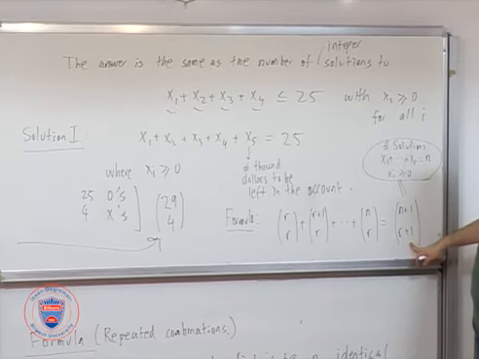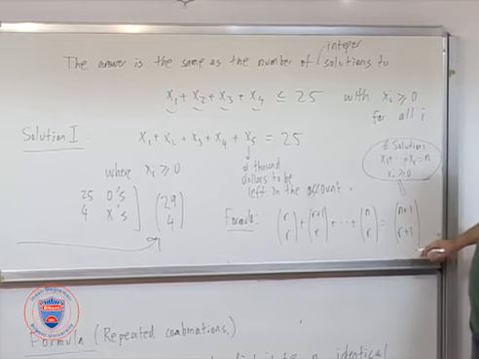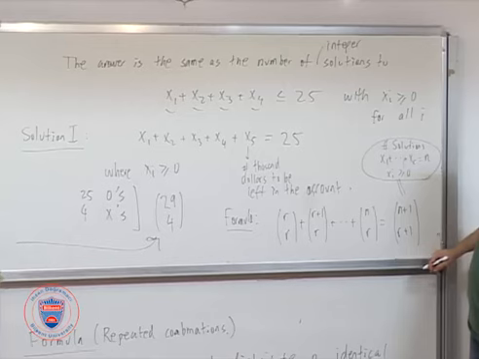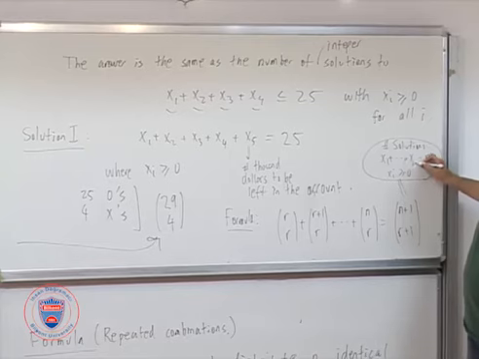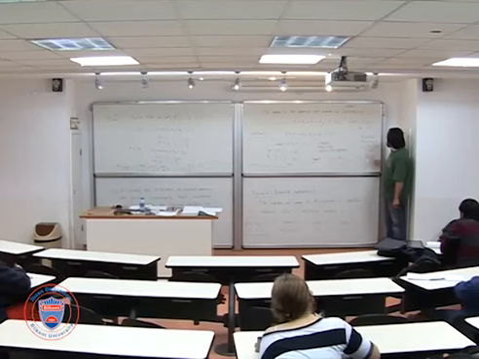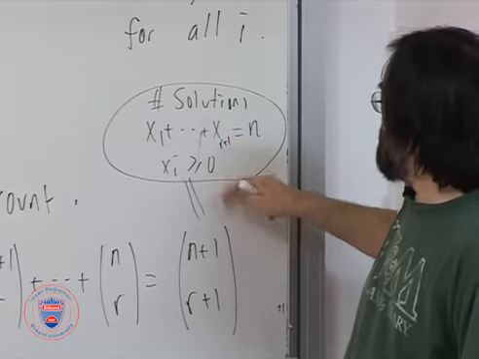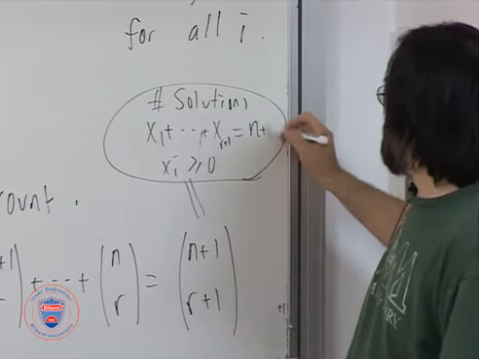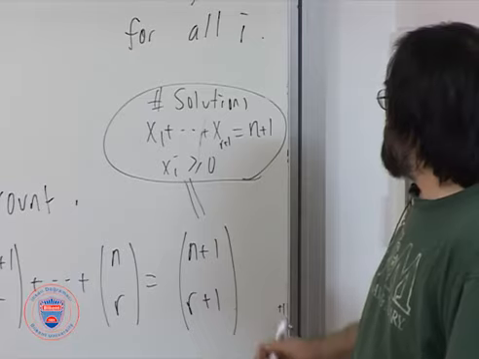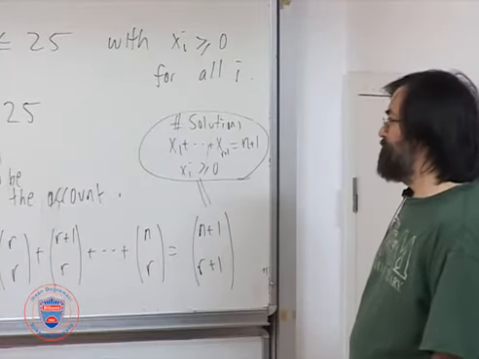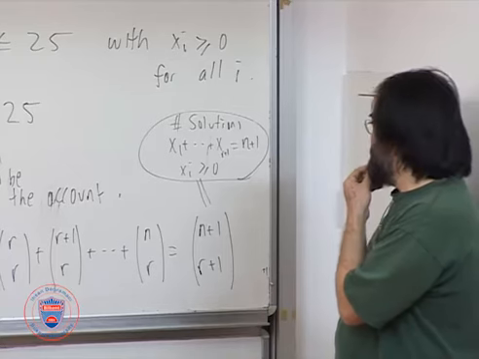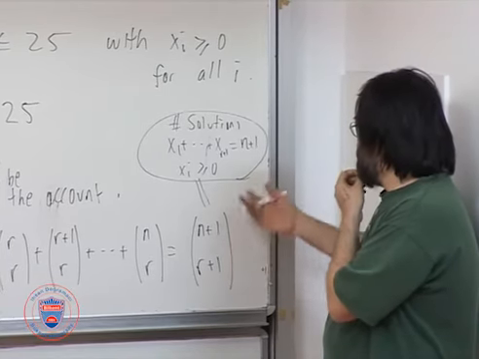Did I write it correctly? Yeah, so this is R plus 1. Because we have plus 1, we have to put a plus 1 here.